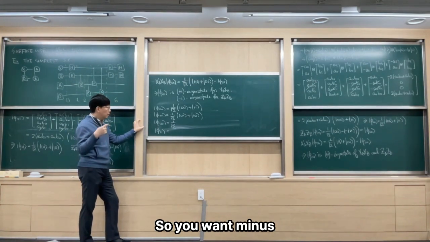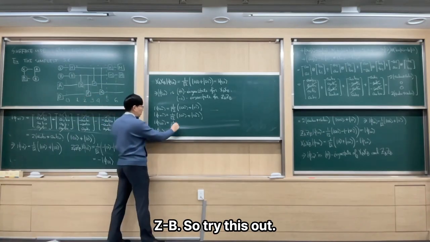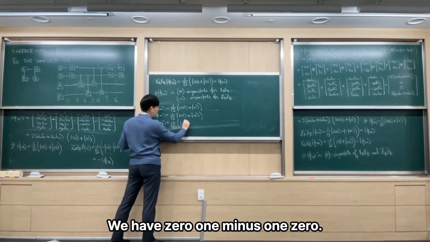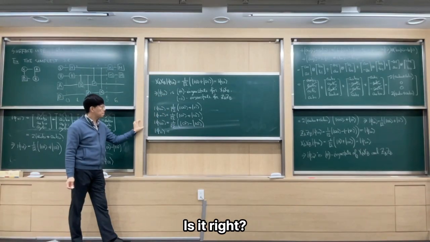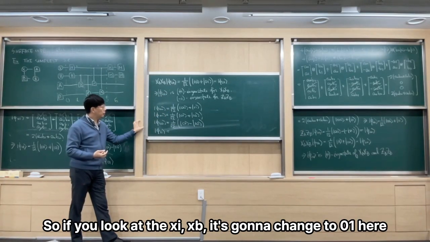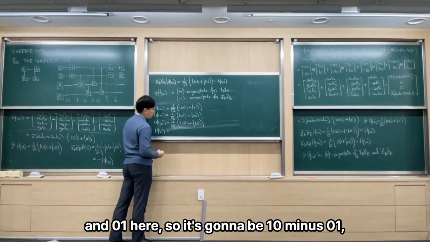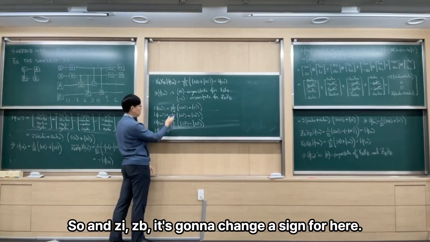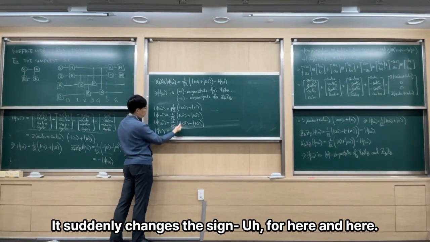So you want a minus 1 eigenstate for XA and XB, and a plus 1 eigenstate for ZA, ZB. So try this out. We have 0, 1 minus 1, 0. Is it right? If you look at XA, XB, it's going to change the 0, 1 here and 0, 1 here. So it's going to be 1, 0 minus 0, 1, which is minus the original. And ZA, ZB, it only changes the sign here and here, right?